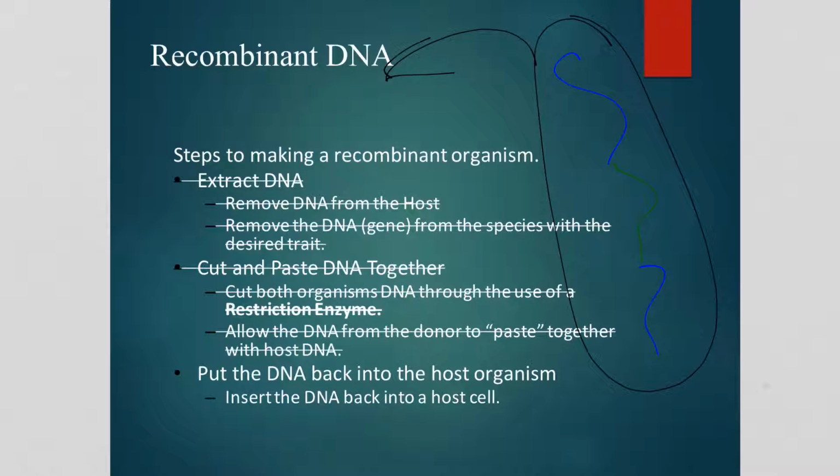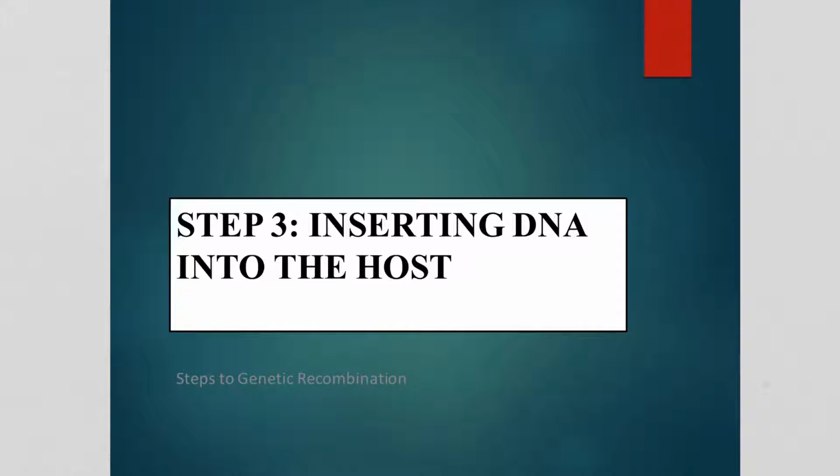So let's talk about a few methods on how we insert DNA back into the host organism. There are other ways to do this, but this would be a very long lesson if I talked about all the different methods, so I'm just going to talk about some of the most common.